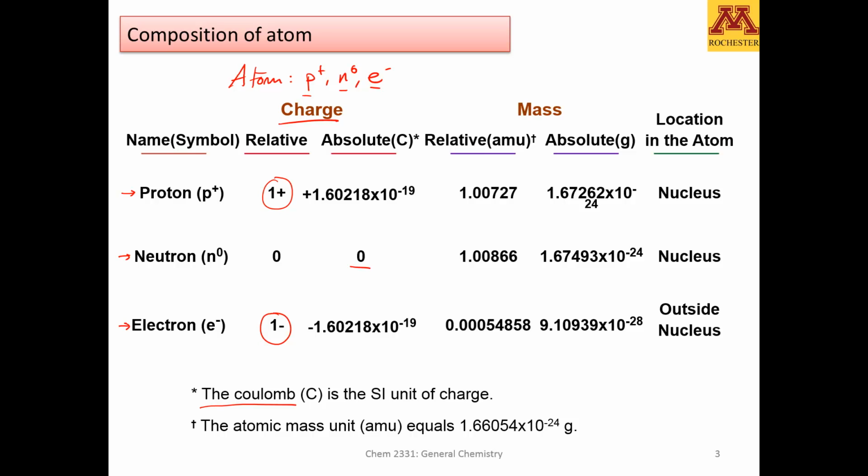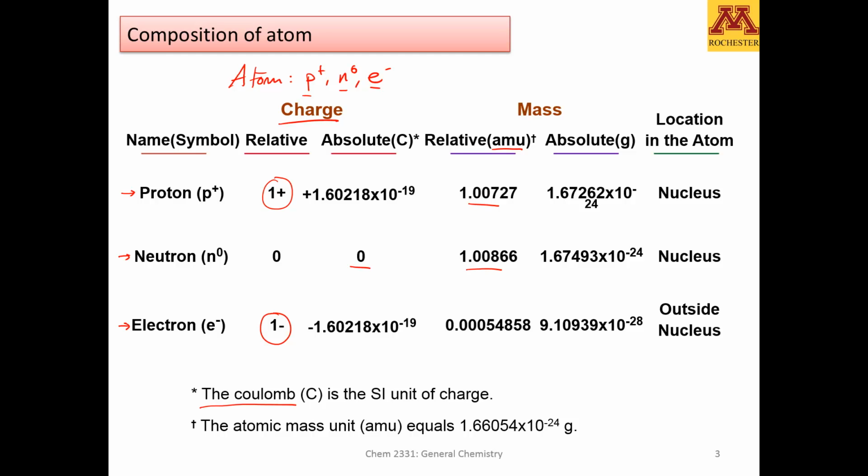It's also very important to know that protons and neutrons have almost the same mass. The unit here is atomic mass units, and it's not exactly 1. It's because of the very definition of carbon 12 as being the source of atomic mass units.